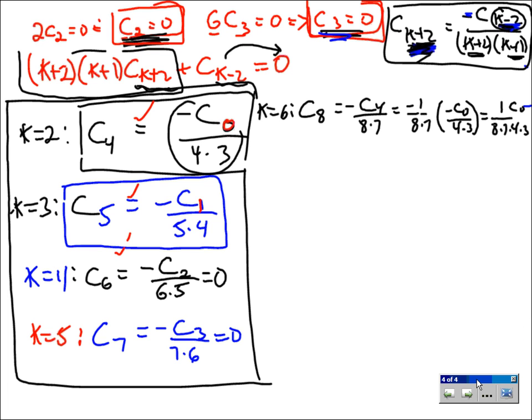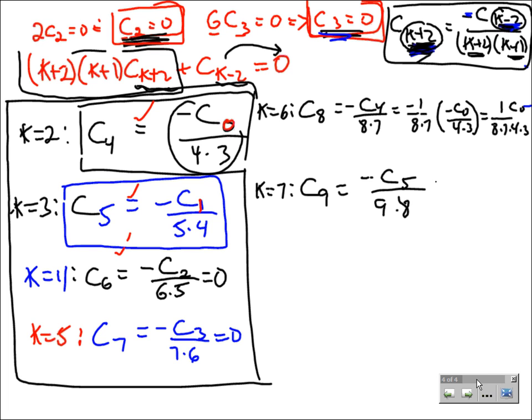Now, when K is equal to 7, well then 7 plus 2 is 9. We have C sub 9 equals negative C sub K minus 2. 7 minus 2 is 5, divided by K plus 2, that is 7 plus 2, times 7 plus 1.